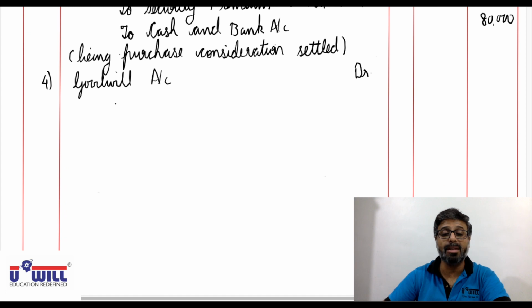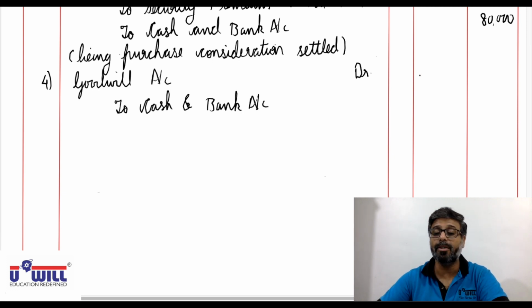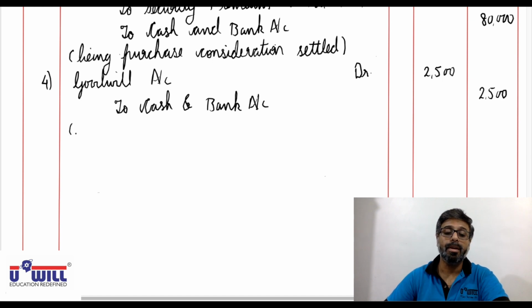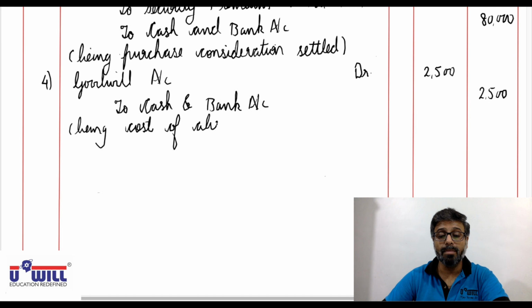If it was capital reserve, then capital reserve account debit. Cash goes out, credit what goes out, to cash and bank account 2,500. Being cost of absorption paid, as given in the question.